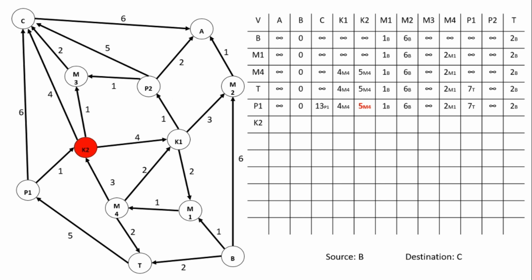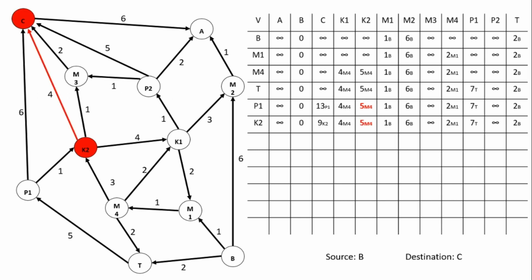So we were going to visit C. Add K2 to the vertex C, then we will have the total distance of C would be 9. So since 9 is less than 13, we must update our vertex C with 9 coming from K2.